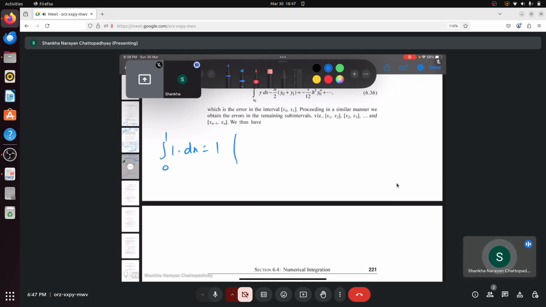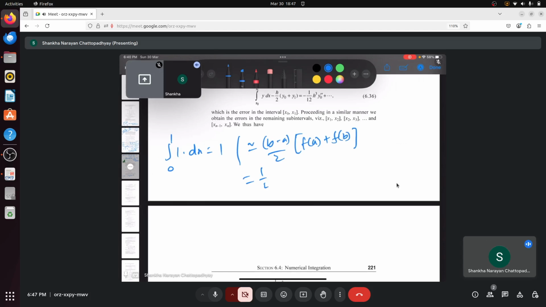The trapezoidal rule gives h equals b minus a by 2, where b is 1, a is 0, and f is a constant. So the local trapezoidal rule gives you half of f(b) plus f(a), which is 1 plus 1, so that gives you 1. So the trapezoidal rule gives you the correct answer for constant values also.